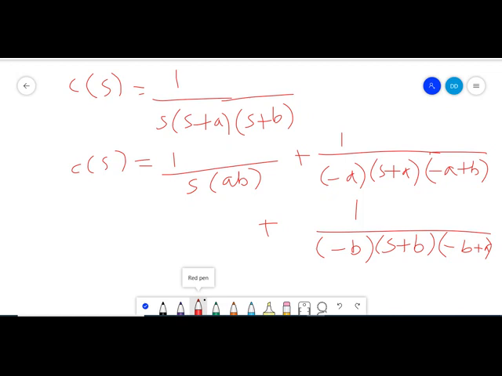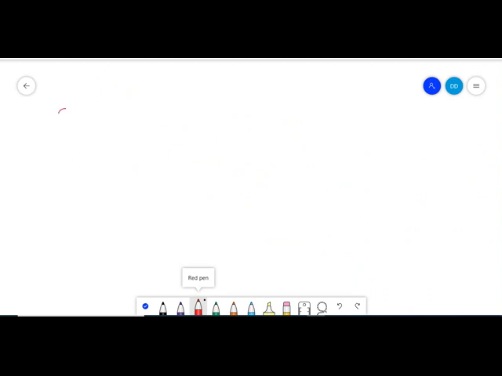So we have to substitute the value of A and B so that we get C of S, and then we take the inverse Laplace of it.